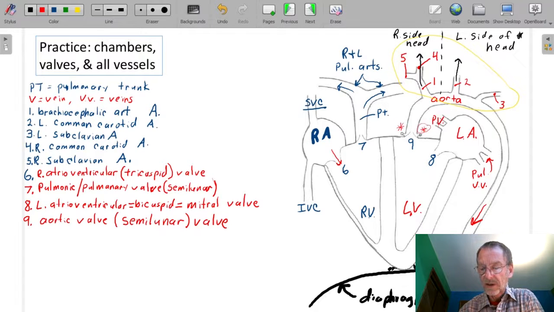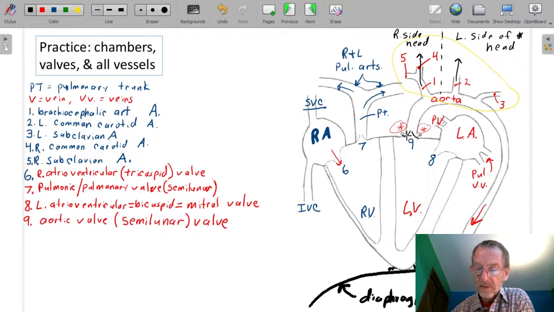So those two little nubs, those two asterisks that I just wrote on the map, are referring to those tiny little vessels. And if you look carefully, I drew them intentionally, they are directly behind the flaps of the aortic valve.